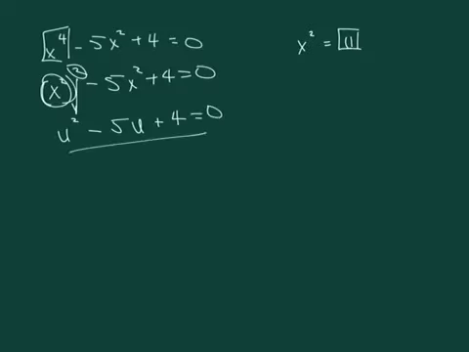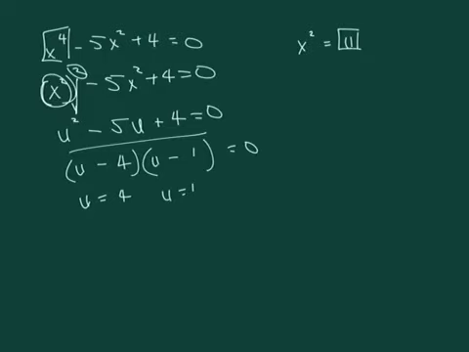When we solve this, we're going to get two quantities here for u, a 4 and a 1. They're both negative. So u equals 4 and u equals 1.